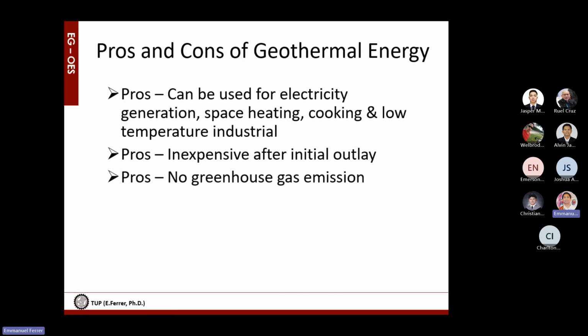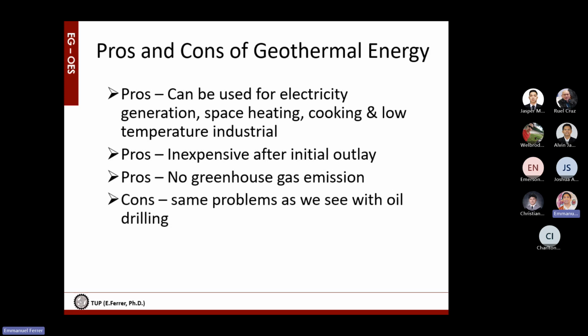Pros and cons: again, it can be used for electricity generation, even space heating, because the steam can be collected and distributed for cooking and other low temperature industrial applications. Heating for food preparation in the food industry is possible.